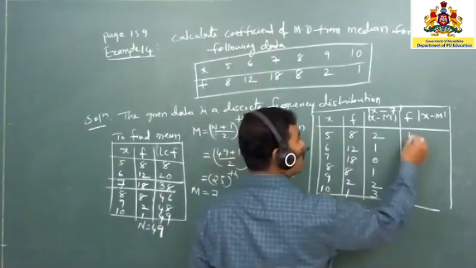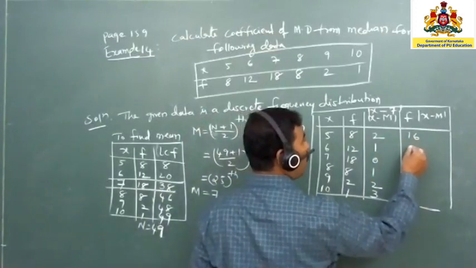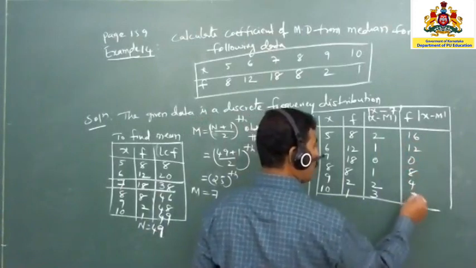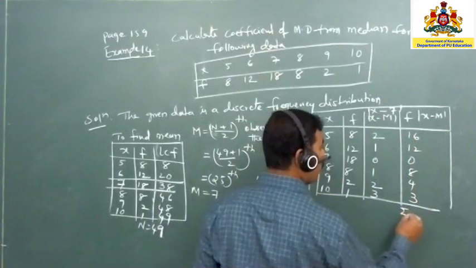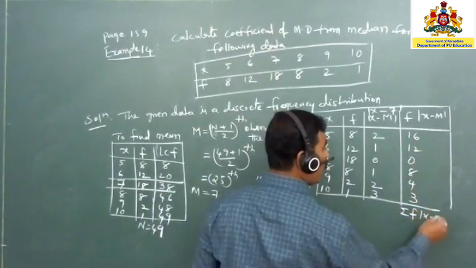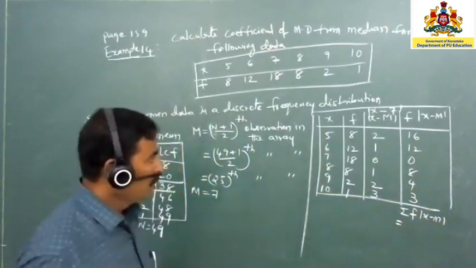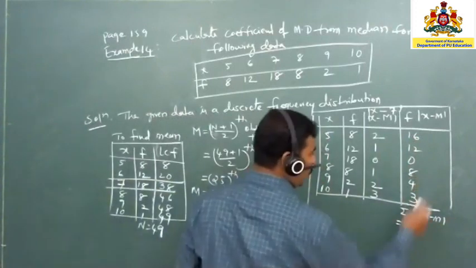Then 16, 12, 0, 8, 4, 3. Total summation f modulus of x minus m equals 28, 36, 40, 43.